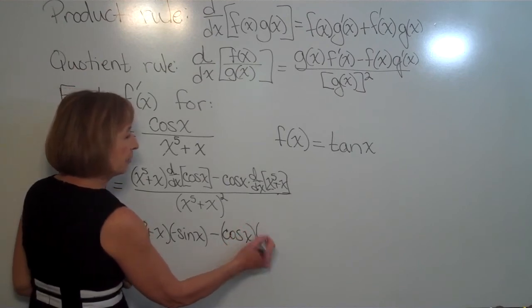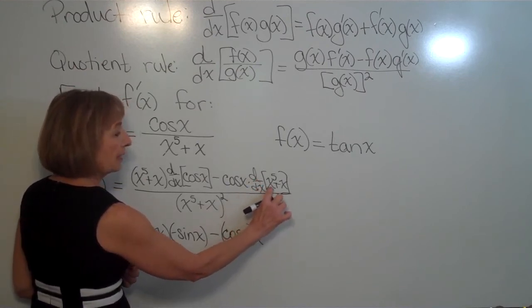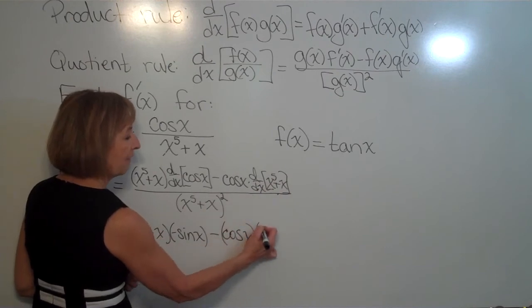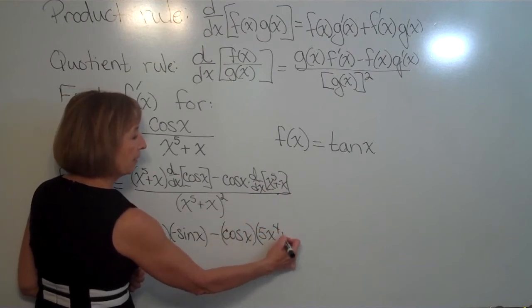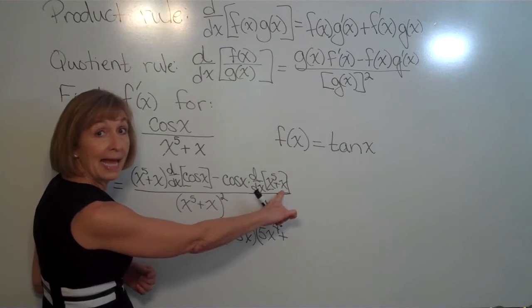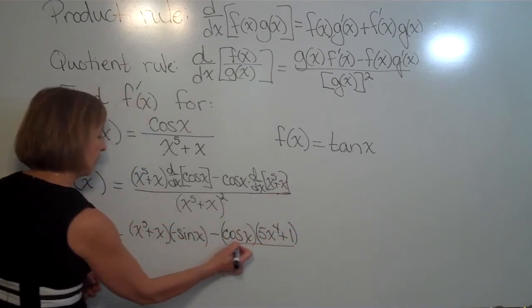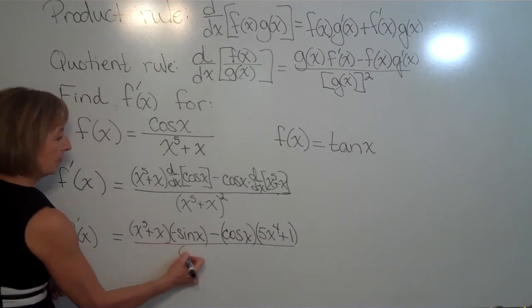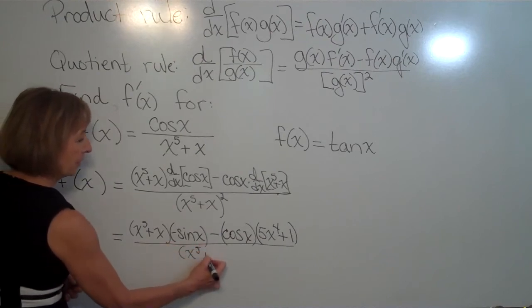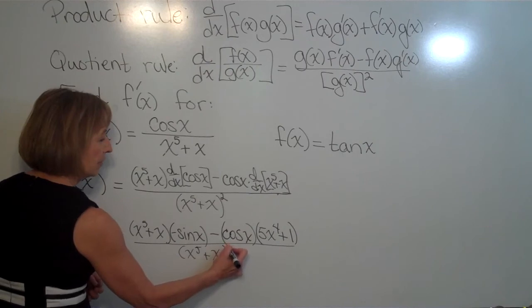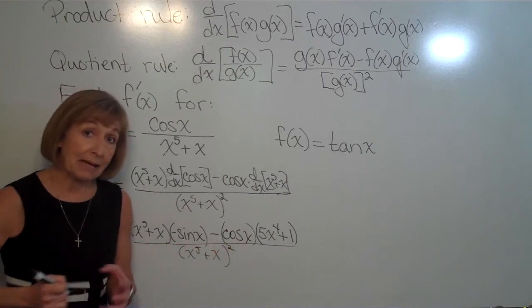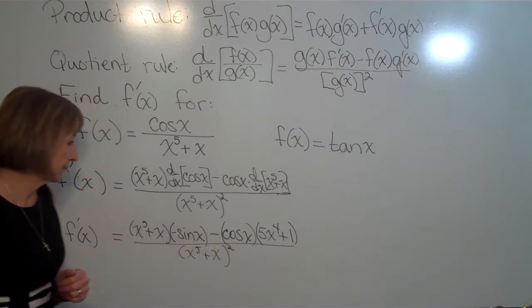So we're going to write then in the parentheses, the derivative with respect to x of x to the fifth is 5x to the fourth, plus the derivative with respect to x of x is 1. And then that's all over my x to the fifth plus x quantity squared. Notice there's not a derivative in the denominator, it's just that denominator squared.